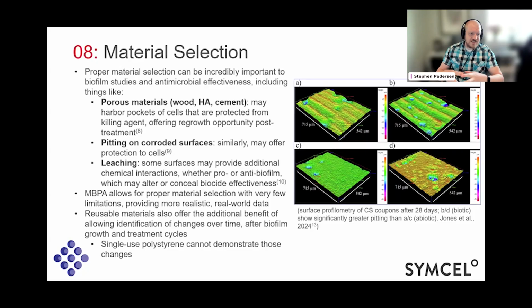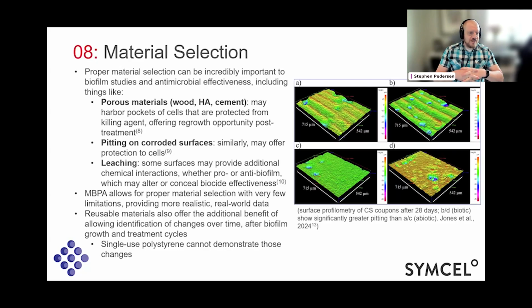Those pockets inside that porous material might harbor some cells during your treatment that provide opportunity for regrowth of the biofilm after your treatment. And that's an effect that you're not going to see expressed very well when it's just that polystyrene surface versus one of the materials that your product is actually being used on, like a wood surface, right, or a cement surface.